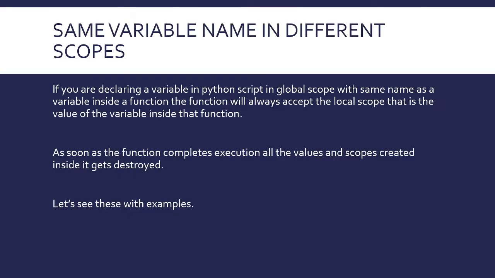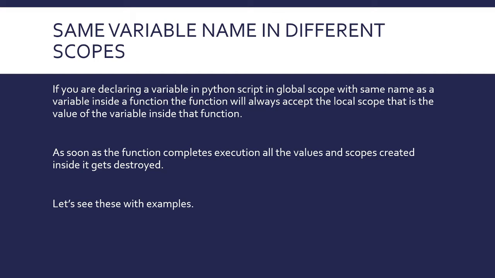Next is, can we define a variable with the same name in different scopes in a Python script. If we are declaring a variable in global scope with the same name as a variable inside a function, the function will always accept the local scope. The function will give preference to the local scope rather than the global scope.